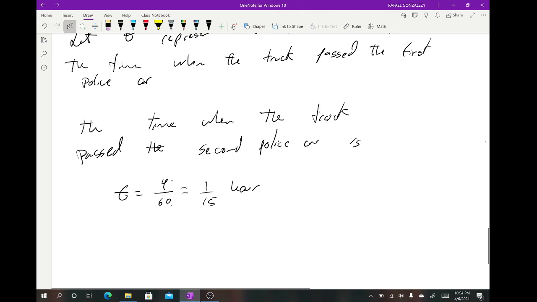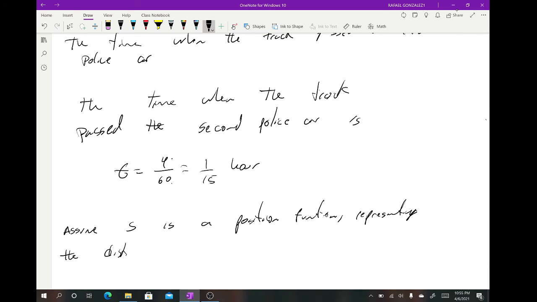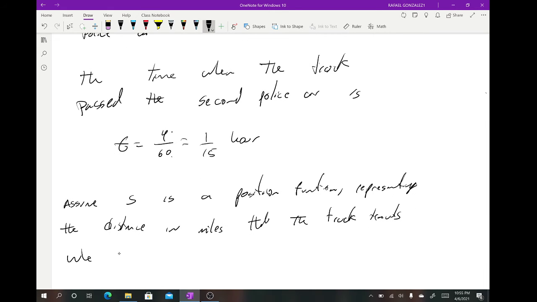Now, if we let the function s be a position function representing the distance in miles that the truck travels, we have that s of 0 is equal to 0.